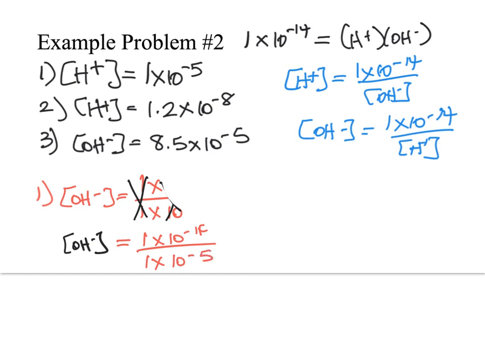And so this becomes negative 14 minus a negative 5. So hydroxide is equal to 1 times 10 to the negative 9th.